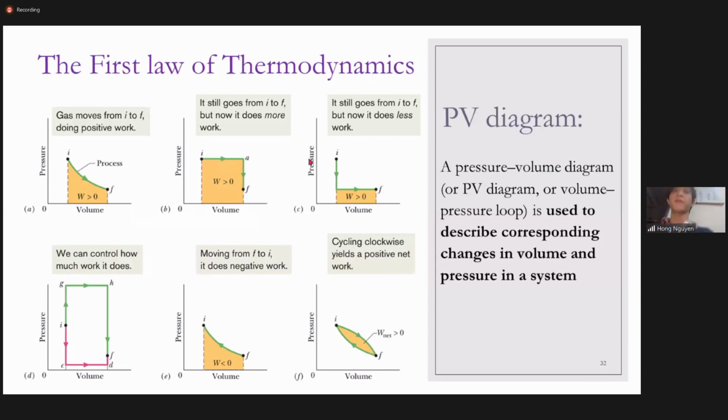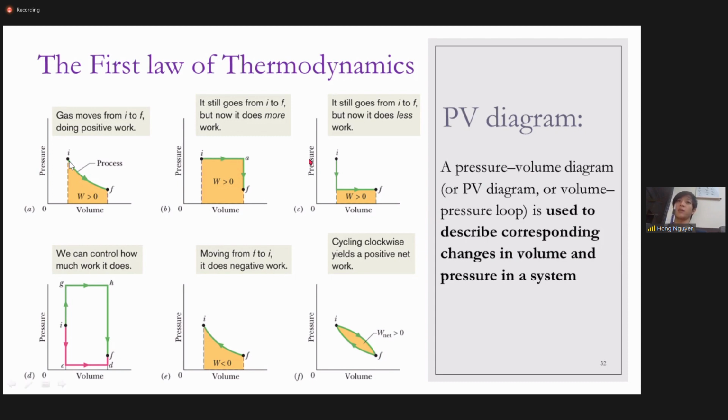The process, we can have a positive work if the gas goes from the initial state here to the final state here. Why? Because we have a change in the volume. When we have a change in the volume, we have a work done by the gas or on the gas.